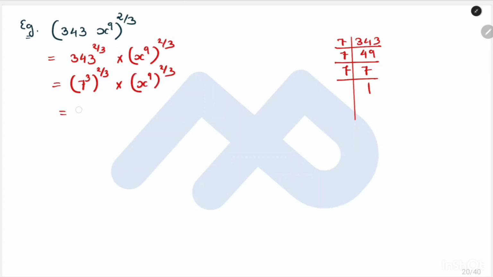Now powers will be multiplied, so 7 raised to 3 times 2 by 3 into x raised to 9 times 2 by 3. 3 got cut here, 3 3s are 9 here, so you got 7 raised to 2 into x raised to 3 into 2, which is x raised to 6. So that's 49 x raised to 6. This is your final answer.